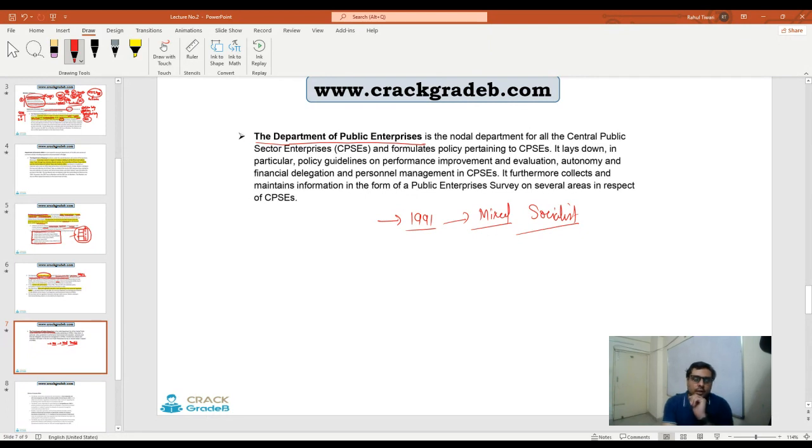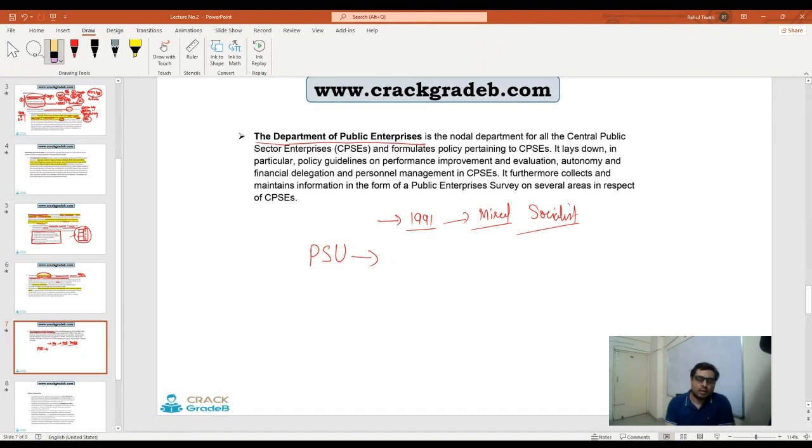One thing I just want to tell you, most of the time we use this word PSU, right? And we think that there is no difference between CPSU and PSU. Actually, in India, not only the government of India, but states can also have their own public sector enterprises.